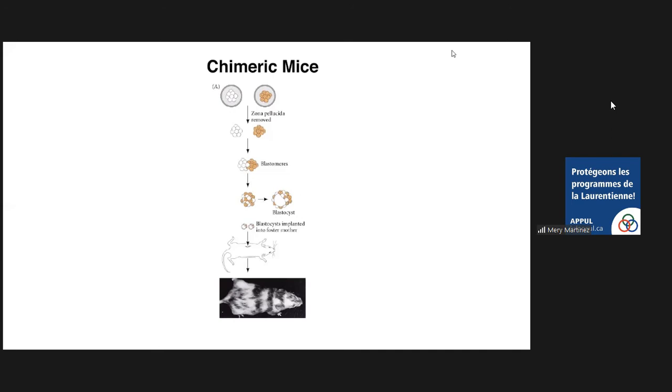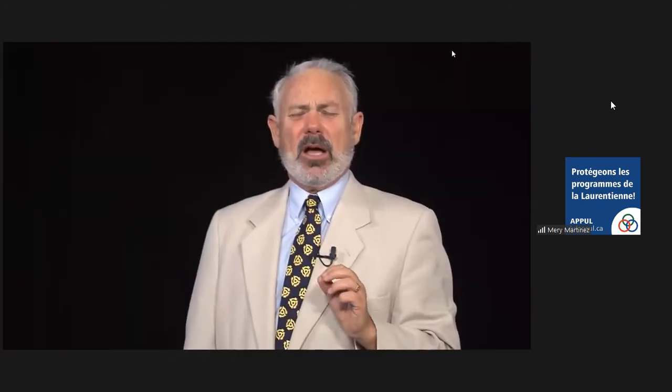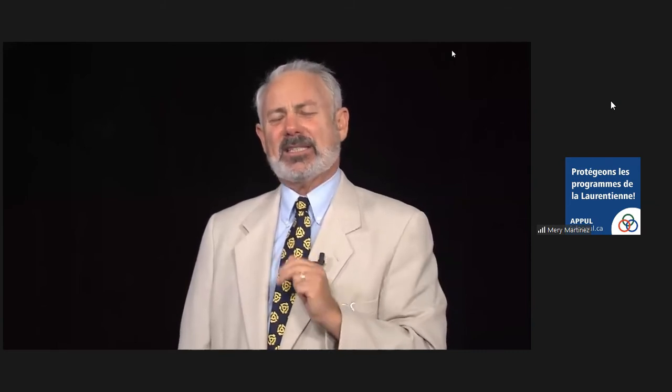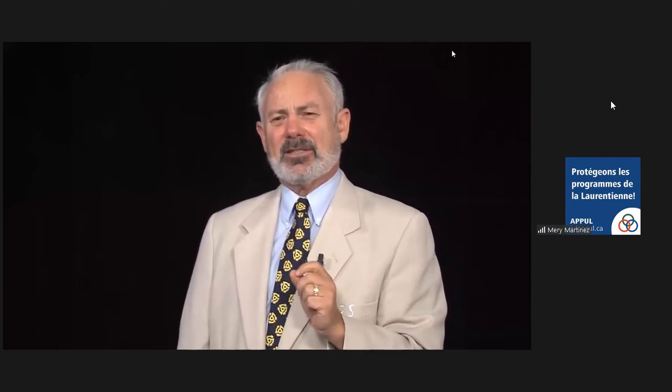And you put that chimeric blastocyst into a mother mouse who's been hormonally changed so that she's ready to accept this embryo. And what results is a striped mouse, a mouse with areas of white fur and areas of black fur. It was hypothesized that you needed 3 cells in the inner cell mass to make an embryo of a mouse.